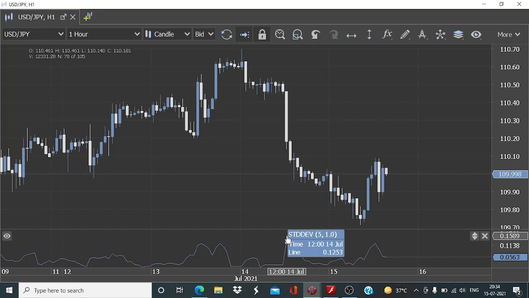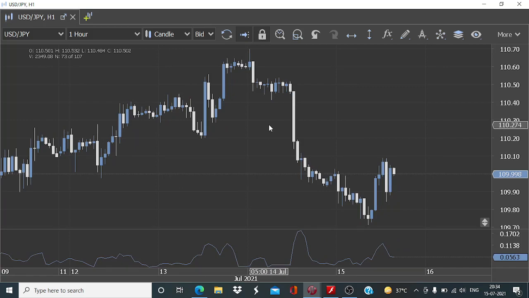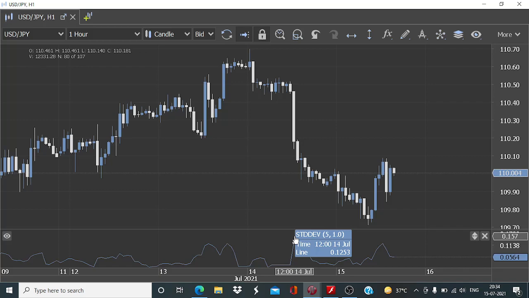So that's how we are going to proceed, and we will consider the last hourly candle period's output for the standard deviation. It should be at least twice the output value 2 hours back. So we will consider the last hourly candle's standard deviation output and compare it to the standard deviation value with the lookback period of 3.